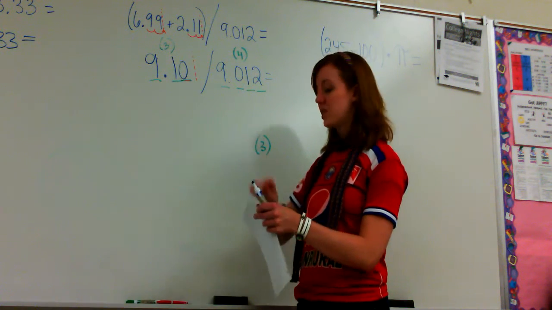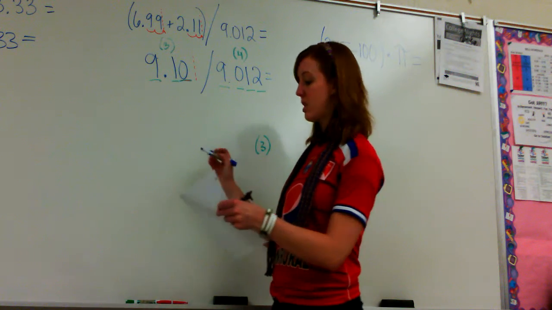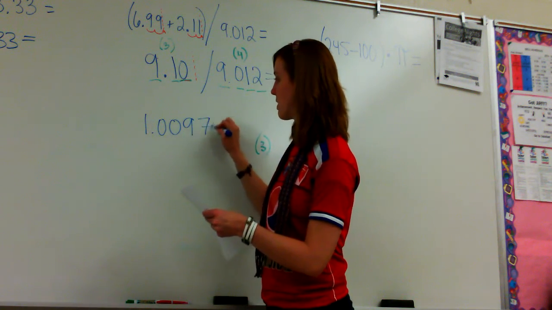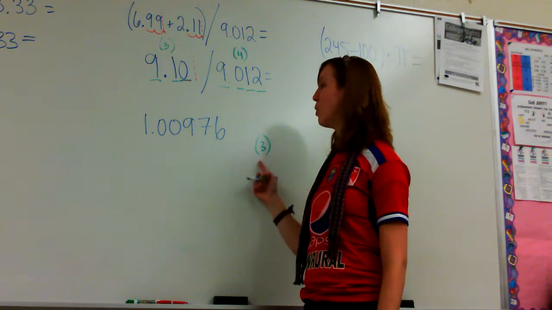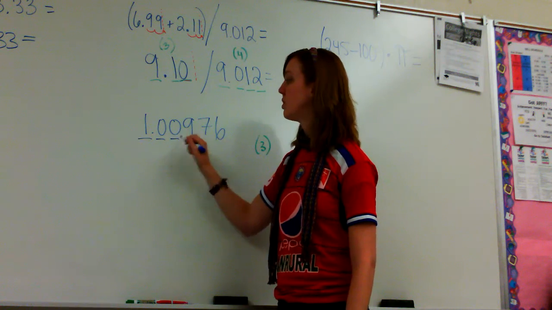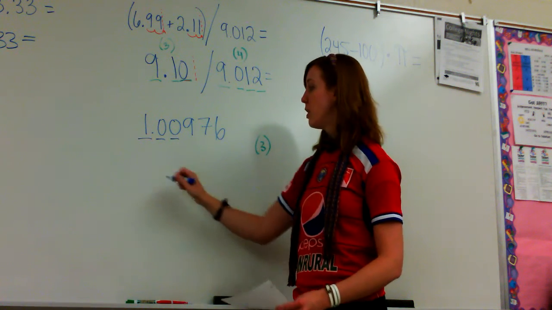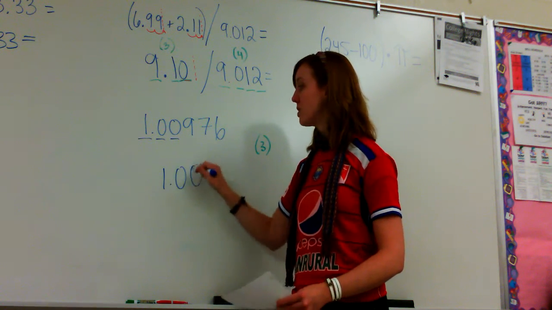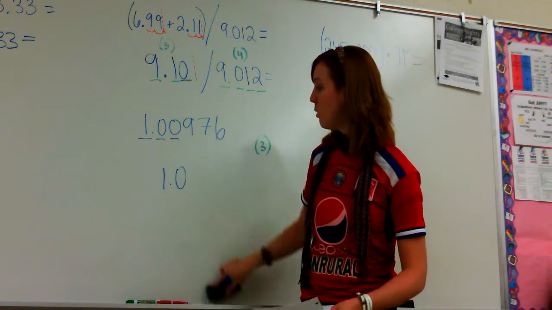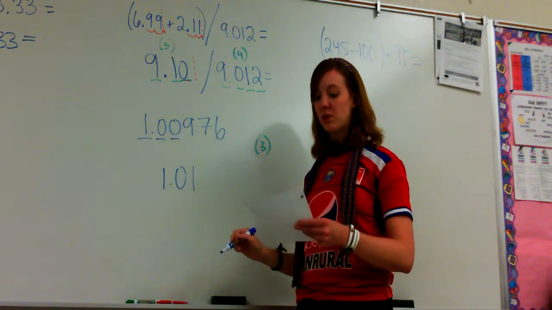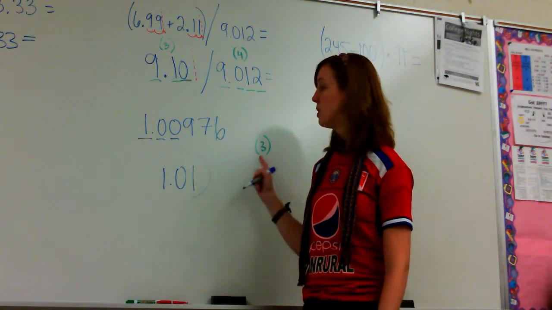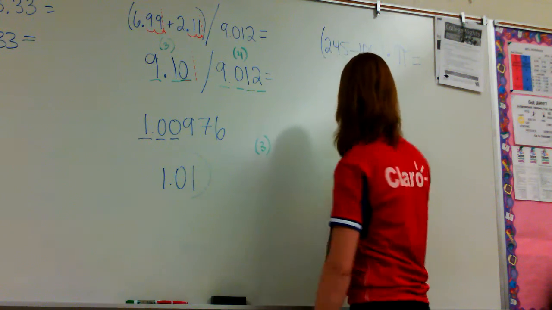So when I plug this into my calculator, it tells me 1.00976. I'm only allowed 3 significant digits. So 1, 2, 3. Now, am I going to write 1.00? No, because that 9 here means I will round up to 1.01. That is my final answer. It has 3 significant digits.